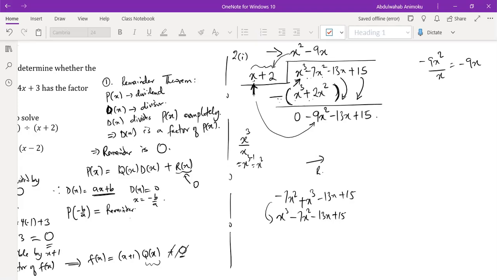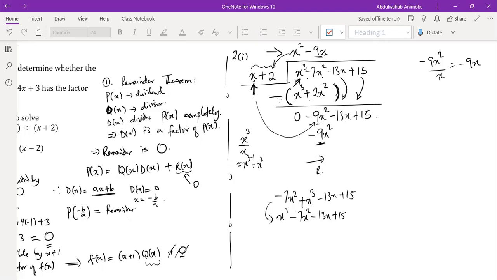Now we'll multiply. Minus 9x times x will give us minus 9x squared. Now, if you get this one correctly, you always know the first term that would come here. You always know this is going to be the same as this if you do the division properly, right? So that can mentally help you to do this problem faster.